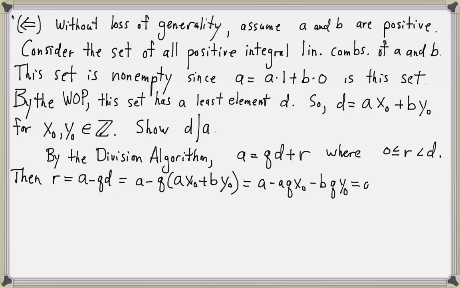This equals A times the quantity 1 minus Q x0 plus B times negative Q y0. So we see that R is a linear combination of A and B.